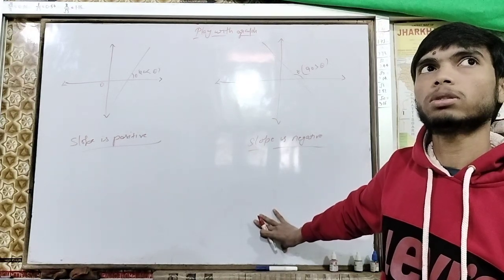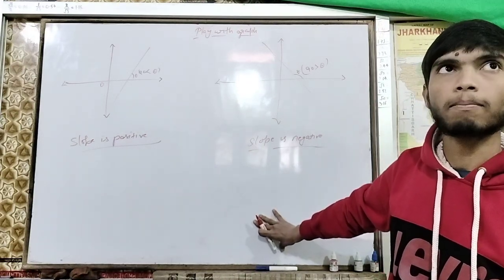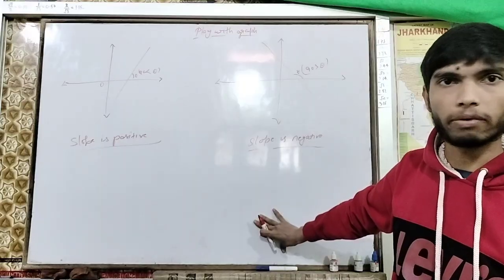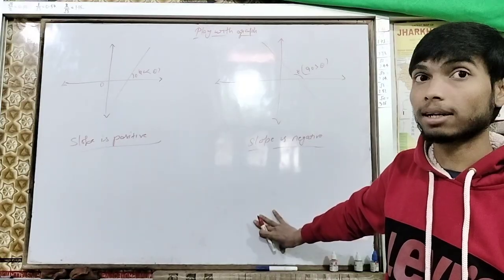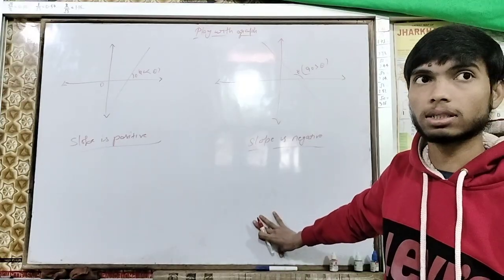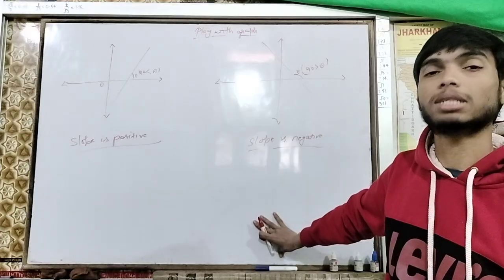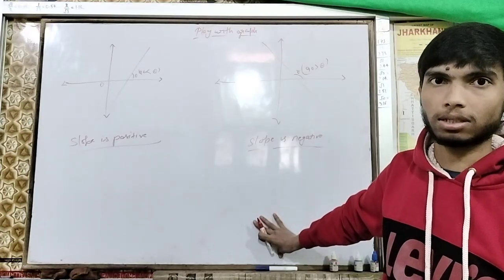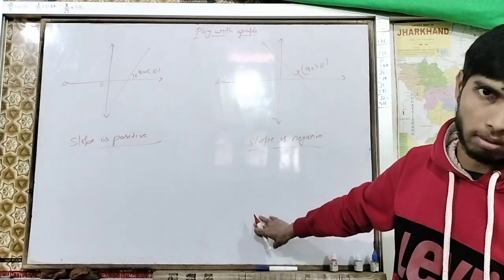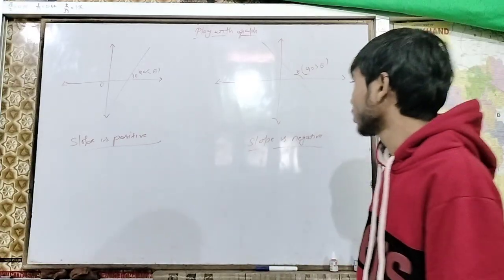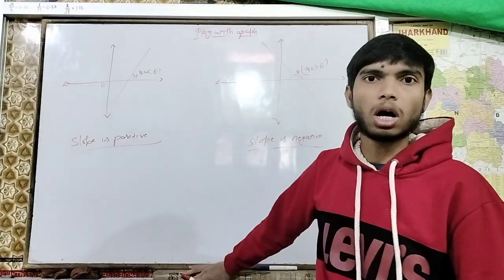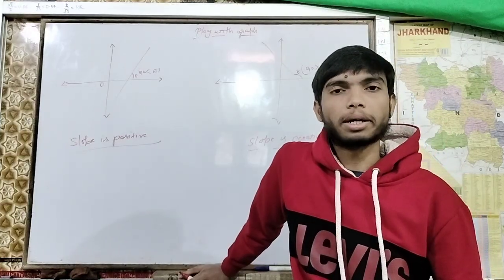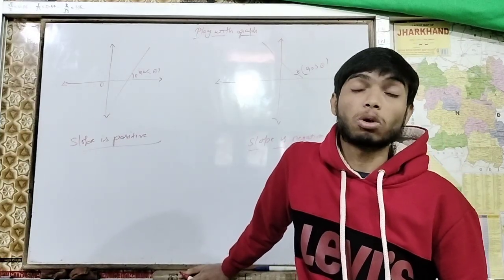In the case of an acute angle, the angle can be 45 degrees, 35 degrees, or 60 degrees. All these tangent angles will give you a positive slope. Okay. So this was about how to find negative slope and positive slope.